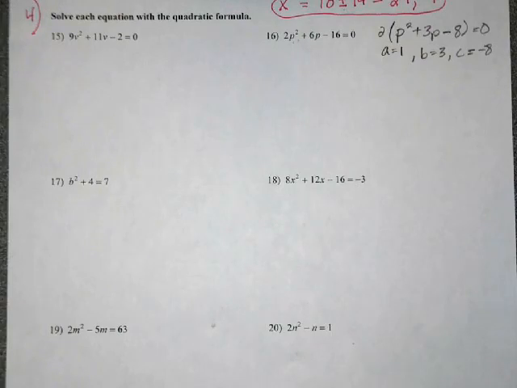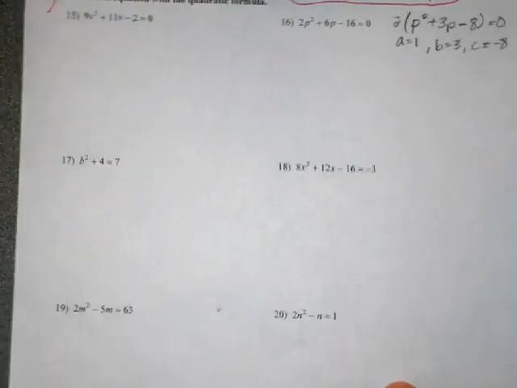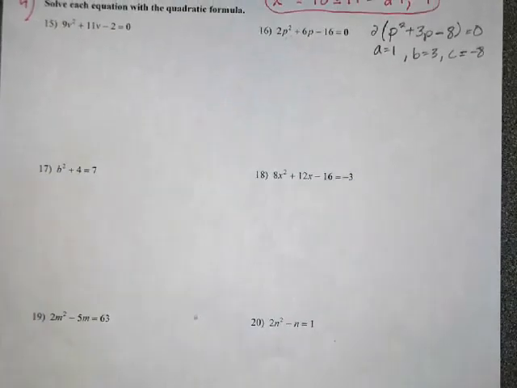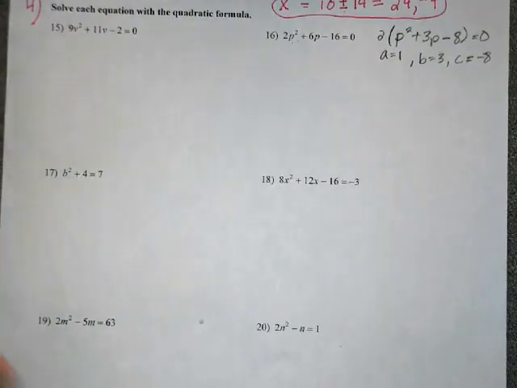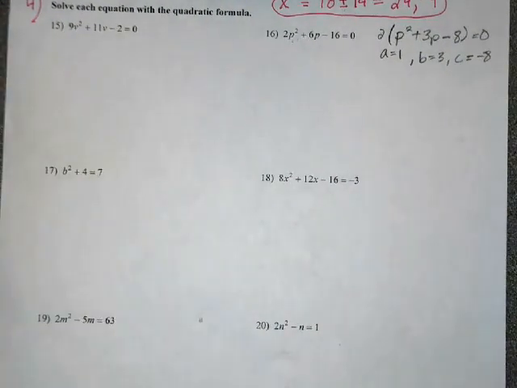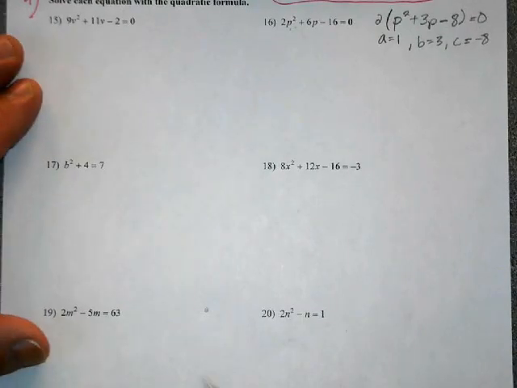Okay, yes, it works for every problem, but I'm going to do this both ways. I'm going to do this 2 ways, and you're going to see the difference. All right? So the first, it told us to use the quadratic formula, so we have to use the quadratic formula. Unfortunately, there's an easier way, but anyway, we need a 0 on one side for the quadratic formula, right? So I'm going to have to subtract 7 from both sides.